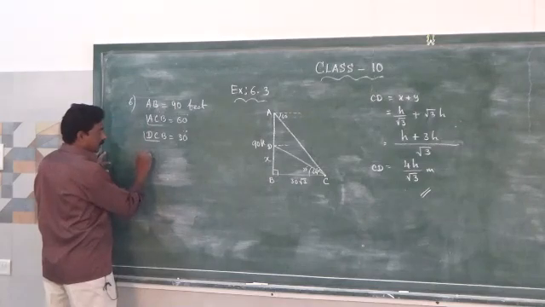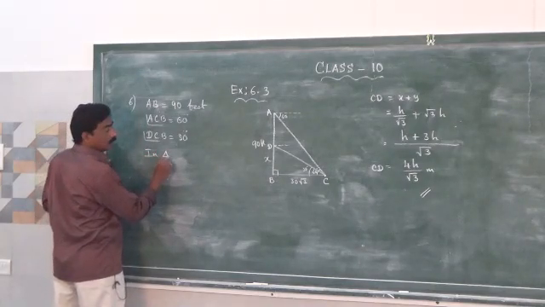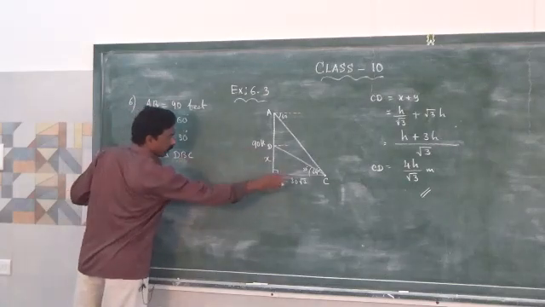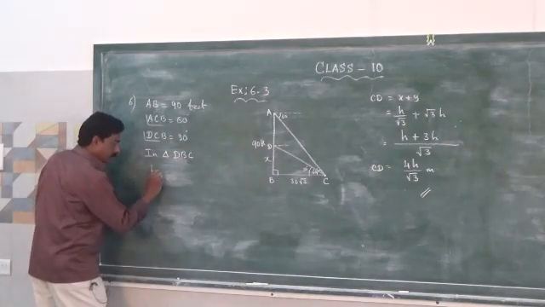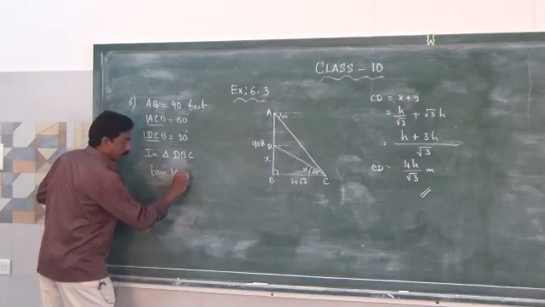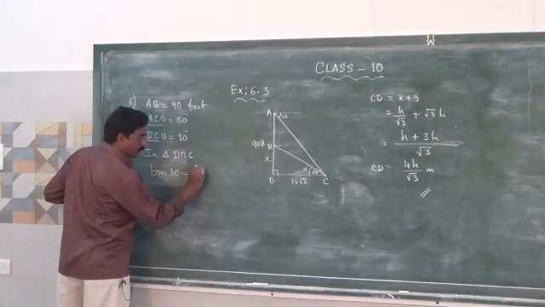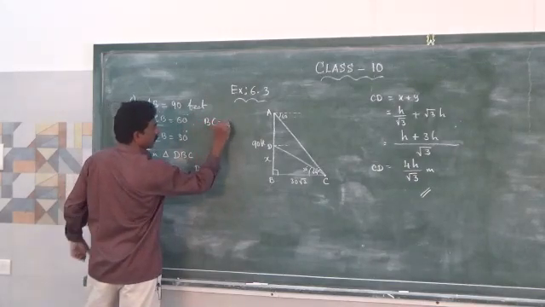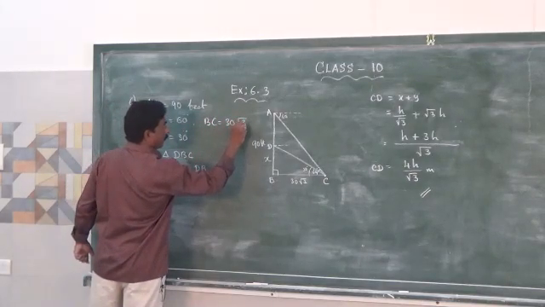So in triangle DBC, tan 30 is equal to opposite over adjacent. Here the opposite is DB, and BC is given as 30 root 3 feet.